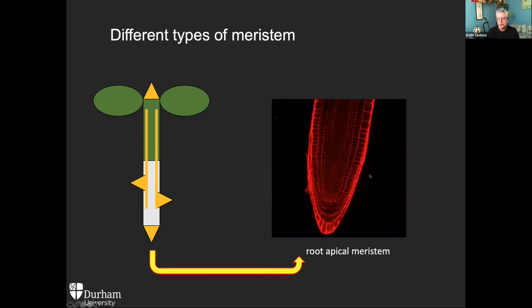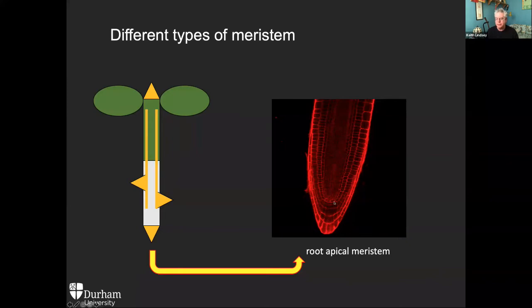This is a confocal microscope image through a root meristematic region. What you have down here is the root cap. A bit further up, these cells are differentiating, but in this group of cells here, you can see these slightly larger cells. Those are at the heart of the meristem.